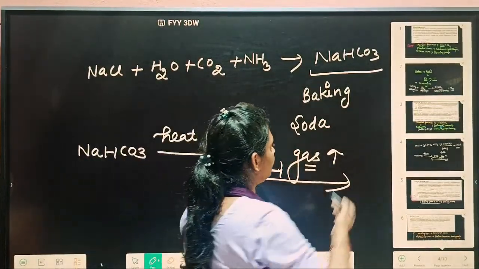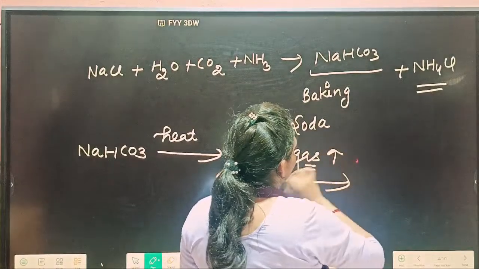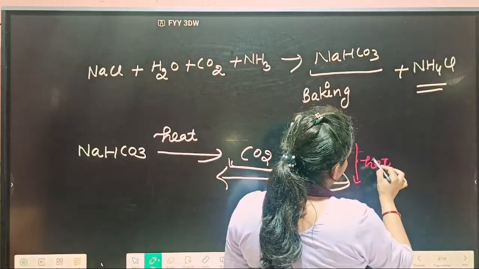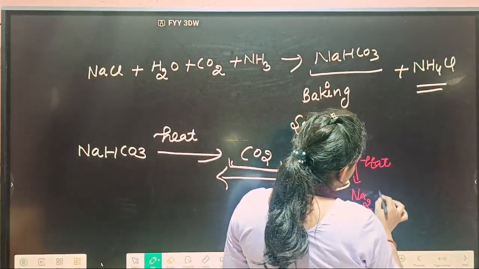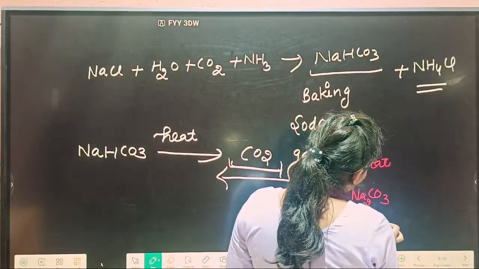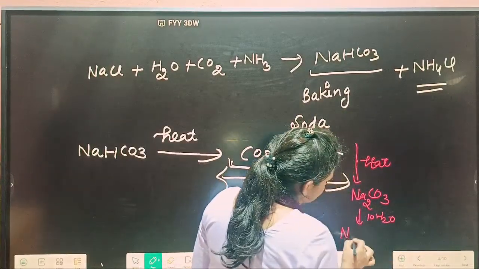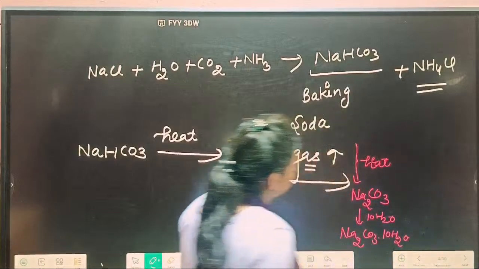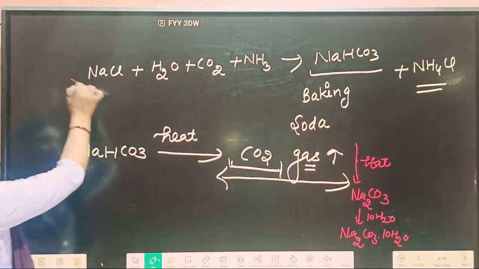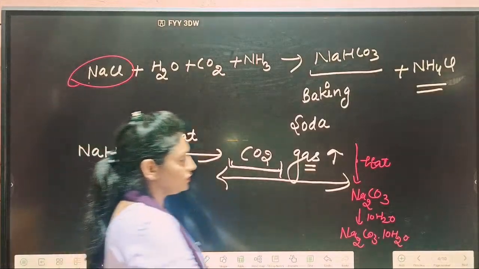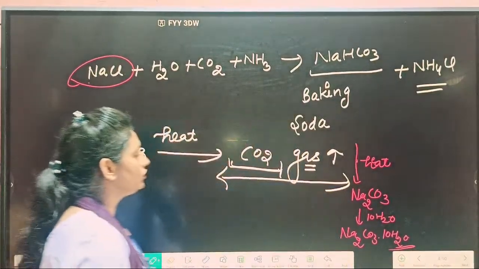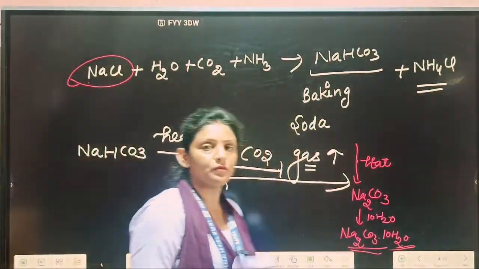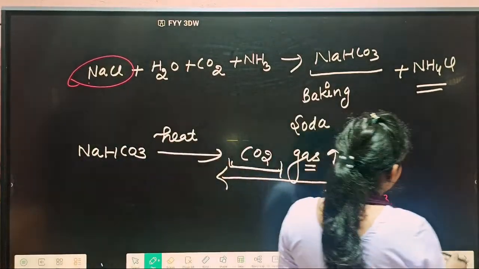And when baking soda is heated, we get Na2CO3, and after adding 10 water molecules, we get washing soda. So students, we can say that sodium chloride is used indirectly for preparation of washing soda also.